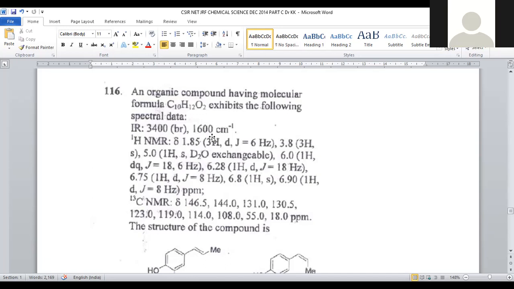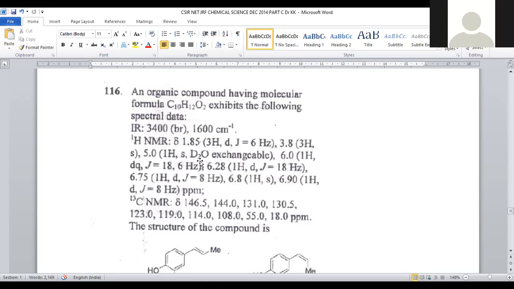And 1600 denotes what, a carbonyl group present within the compound. Then the 1H NMR data shows 1.85 delta for 3 hydrogens, a doublet, and the J value is provided as 6 hertz, 3.8 for 3 hydrogens, a singlet, and 5.0 for 1 hydrogen, a singlet, deuterium exchangeable.